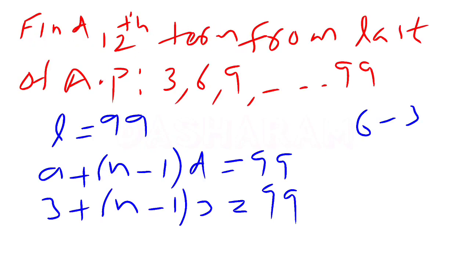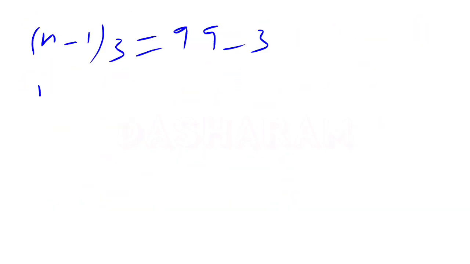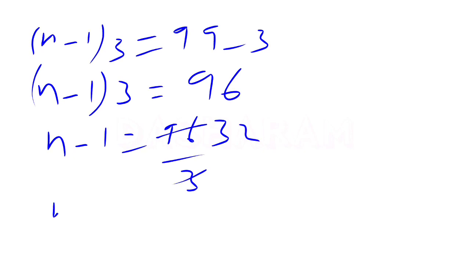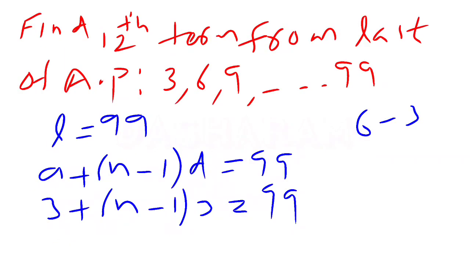So n minus 1 into 3 equals 99 minus 3, which is 96. n minus 1 equals 96 by 3. 3 ones are 3, 3 threes are 9, 3 twos are 6, so n equals 33. So the total number of terms is 33.